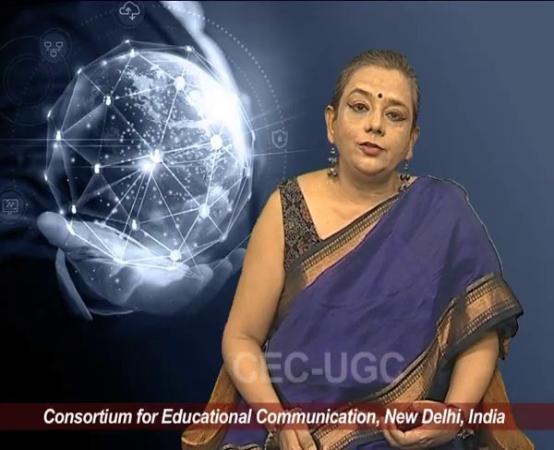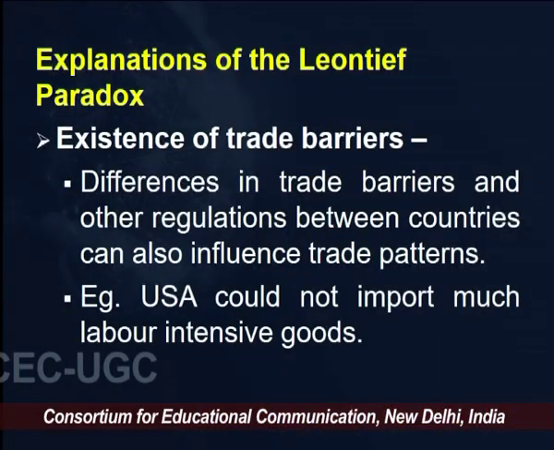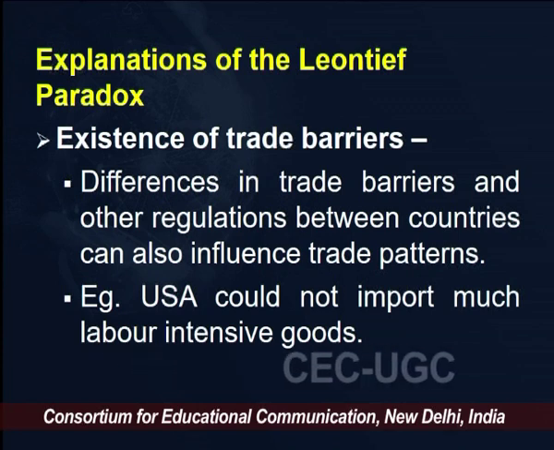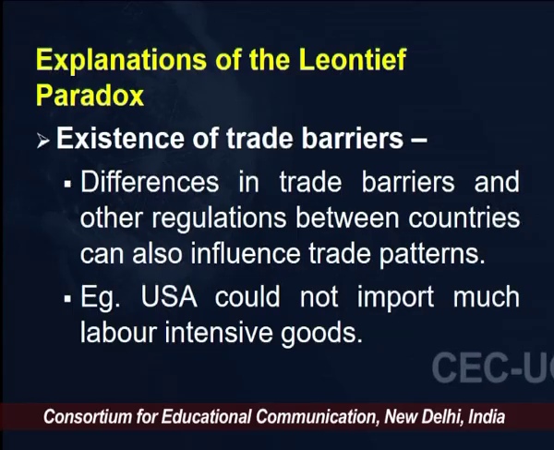intensive. Then another point which was explained in Leontief paradox was the existence of trade barriers. Differences in trade barriers and other regulations between countries can also influence trade patterns. For example, the USA could not import much of the labor intensive goods because of the trade barriers present there.